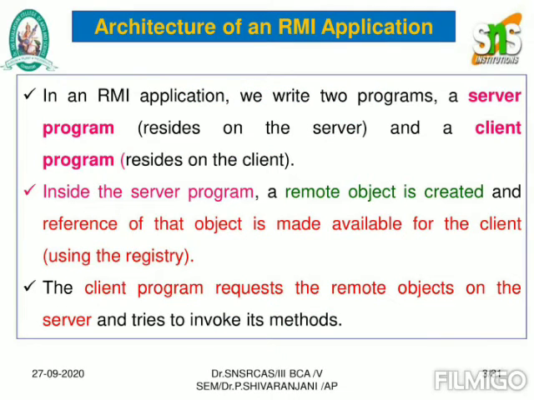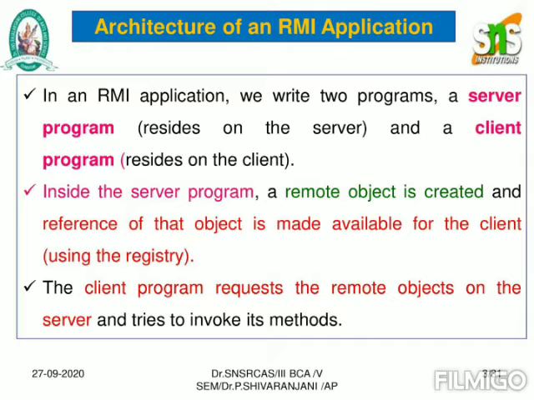Architecture of an RMI application. In an RMI application, we write two programs: one is a Java server program, and another is a client-side program. That helps us establish a connection in the client-server architecture.